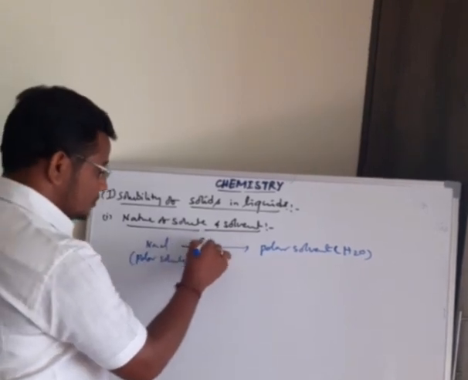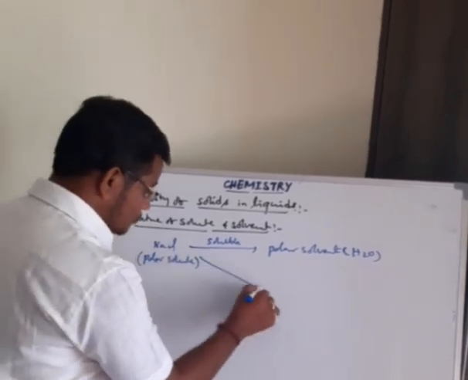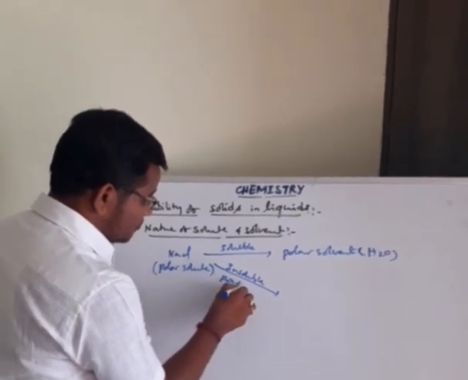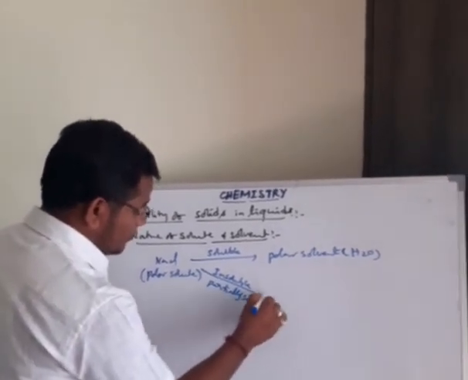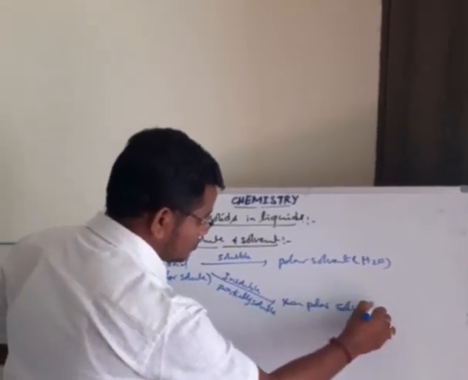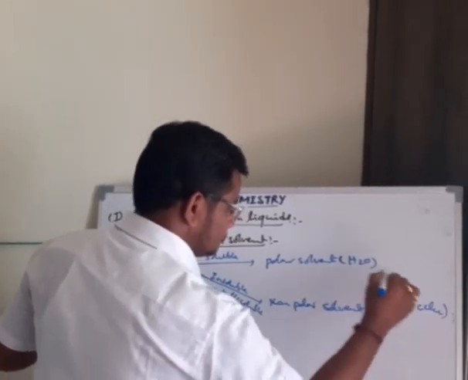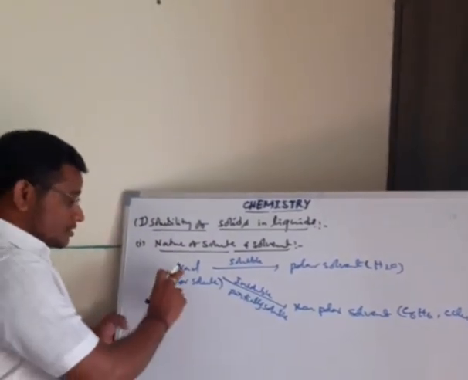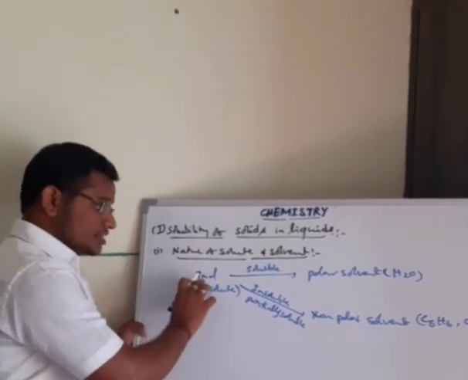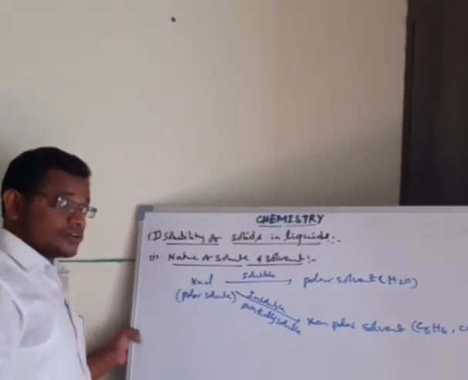Polar solute is soluble in the polar solvent, but polar solutes are insoluble or sometimes partially soluble in non-polar solvents like benzene or carbon tetrachloride. That means NaCl is not dissolving in all types of liquids. It is only dissolving in the polar solvent, but insoluble or partially soluble in the non-polar solvents.